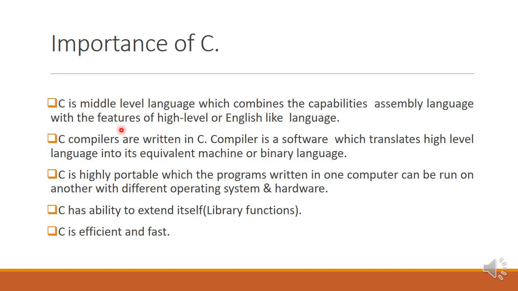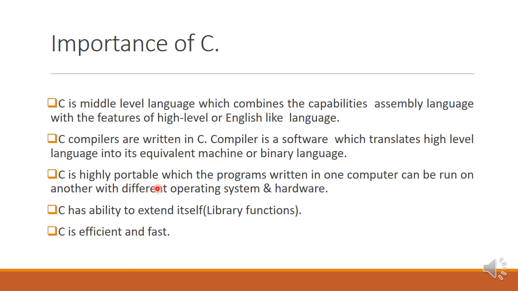We are writing programs in C, which is an English-like language, and that should be converted into binary language. For that we use a software called the compiler. I already told you that machine language and binary language are the same, written using zeros and ones.